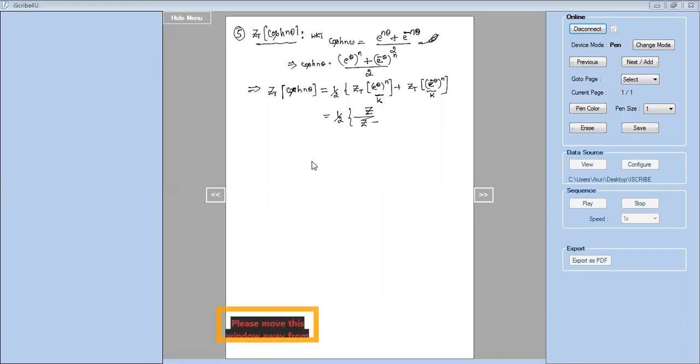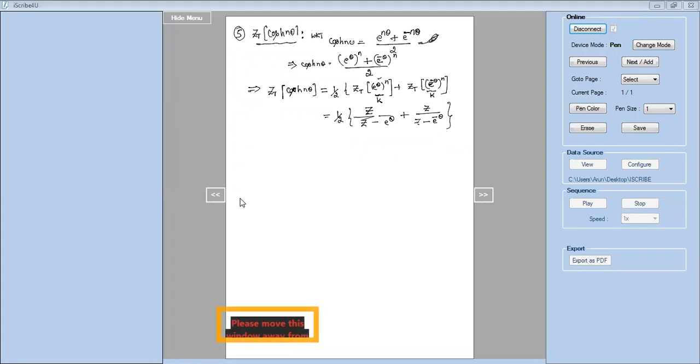So it is z by z minus e^θ. Plus similarly the next term, z by z minus k. k means e^(-θ). I'm just using the Z transformation of k^n formula. Now take LCM and simplify, you get the transform of cosh nθ. It's just a simplification.